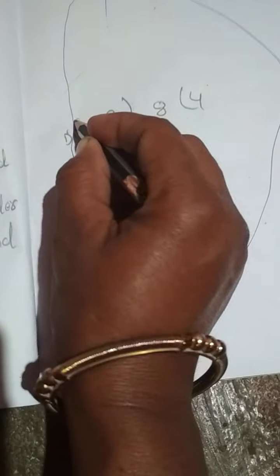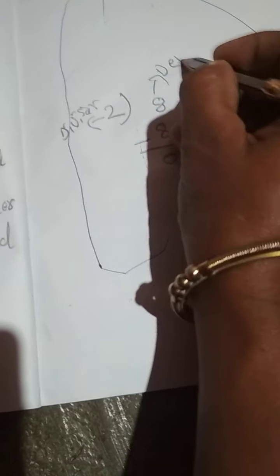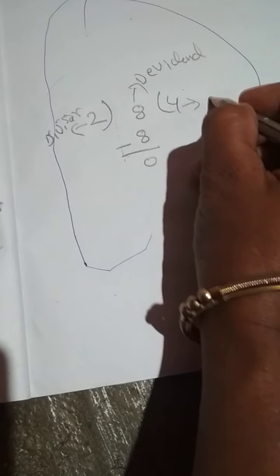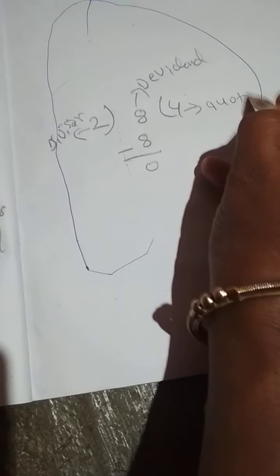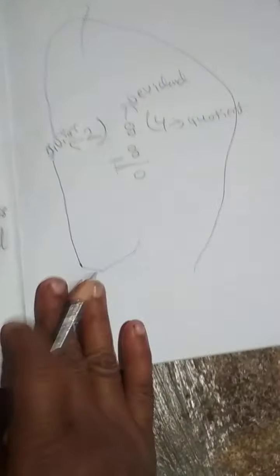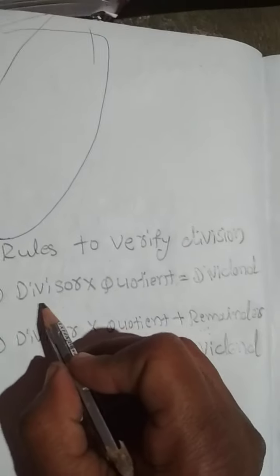Divisor. And this 8 is called the dividend. And this 4 is called the quotient. And here you use the first rule, since the remainder is 0.